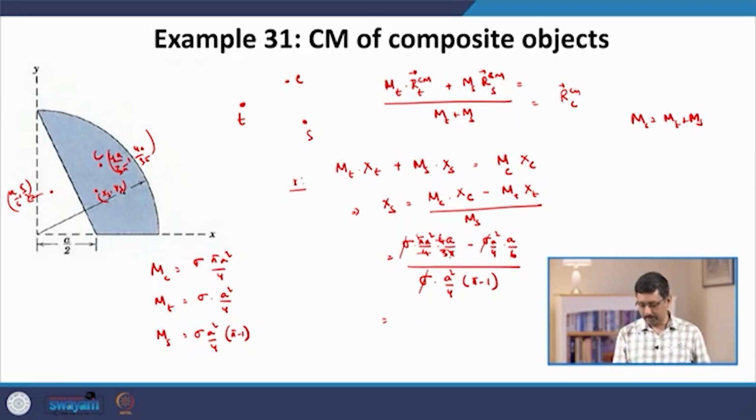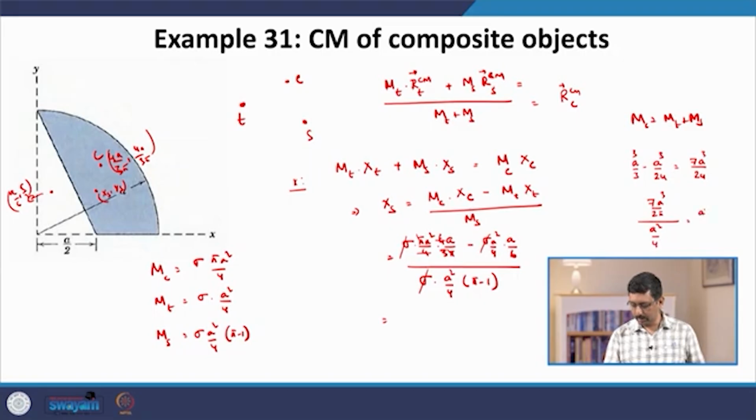So, on the numerator we have a cube by 3 minus a cube by 24, which is 7 a cube by 24, and in the denominator we have a square by 4. So, 7 a cube by 24 divided by a square by 4 is going to be 7a by 6, and we have a factor of pi minus 1 here. So, the answer is 7a by 6 (pi minus 1).